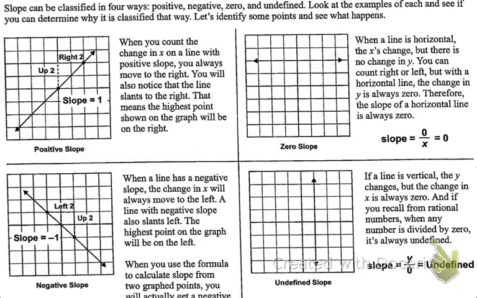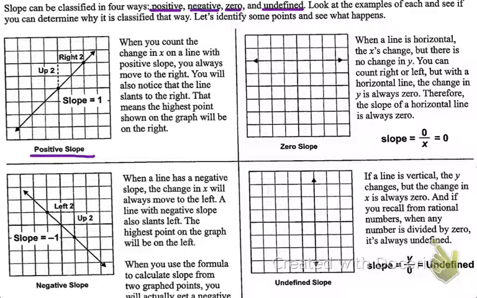Slope can be classified in 4 ways: positive, negative, 0, and undefined. Look at the examples of each and see if you can determine why it is classified that way. Let's identify some points and see what happens. For our first example, we have a positive slope.